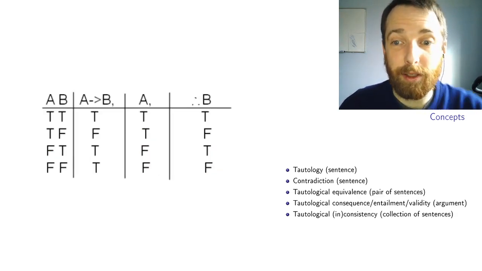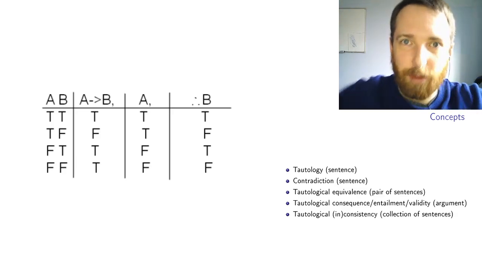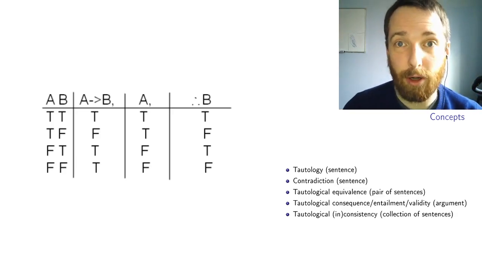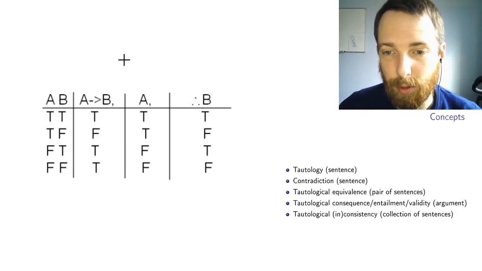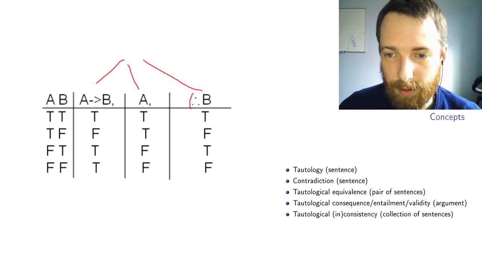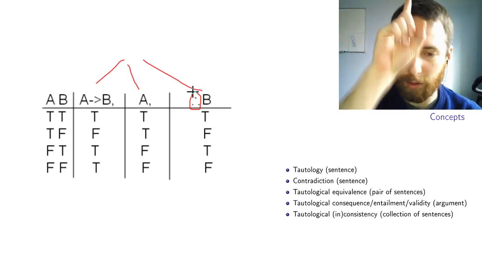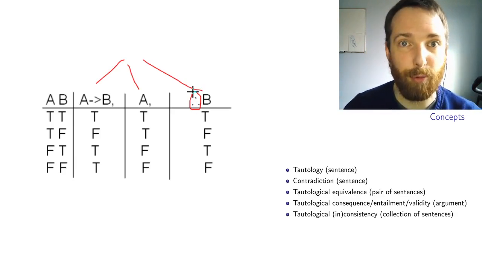Okay, validity, the big one, the headliner, the one that we're all here for. Here's an argument. How can you tell it's an argument? There are various ways to show that something's an argument, but look, we have multiple sentences, 1, 2, 3, and I've used this sign with the 3 dots in an upward pointing triangle. That's a sign that means therefore.